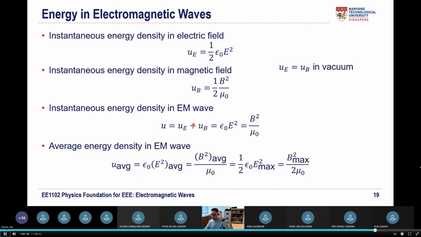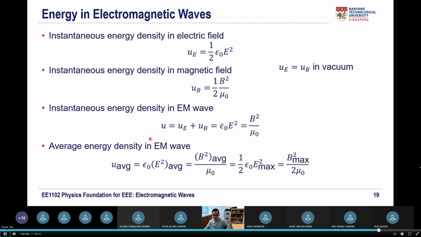When these two are zero, that also is going to be zero. And because the energy stored in the electric field and the energy stored in the magnetic field are going to be the same if the wave is propagating in vacuum, we can either say that the energy in the electromagnetic wave is 2 times this, or 2 times this, and they are going to be the same.